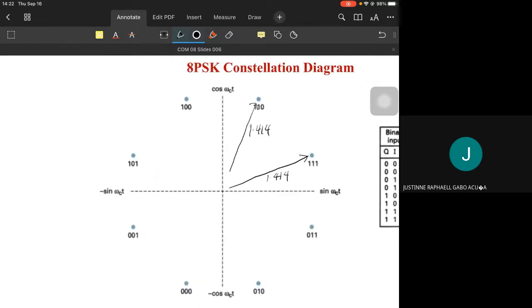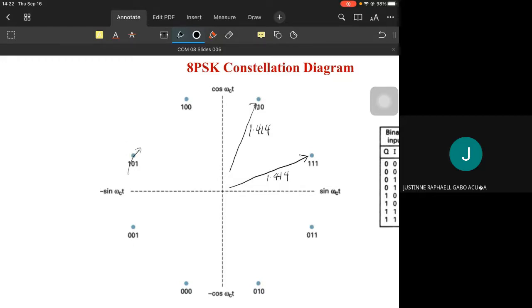The disadvantage is that if we want more bits to be encoded in one symbol, we need to increase M, the number of possible symbols. But that would entail a smaller phi.